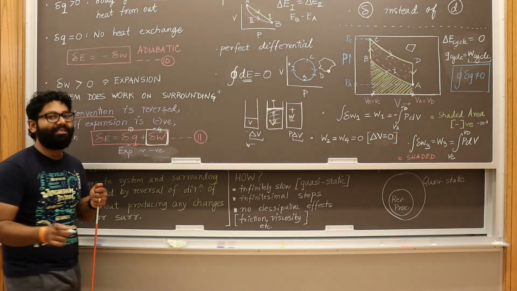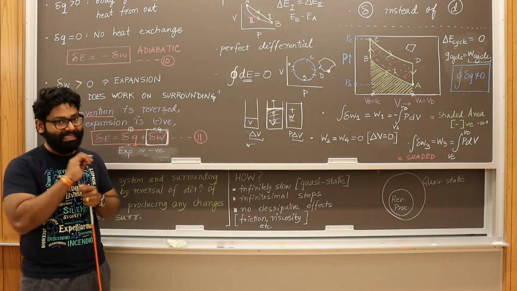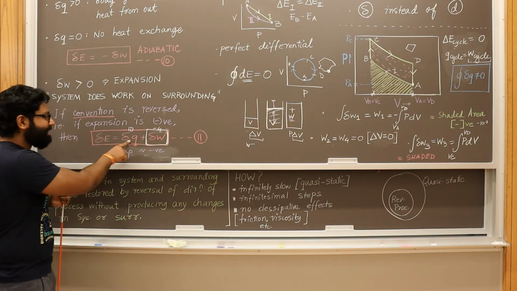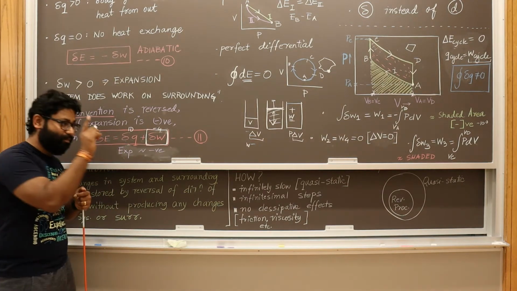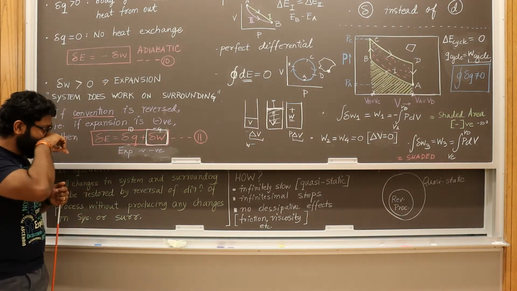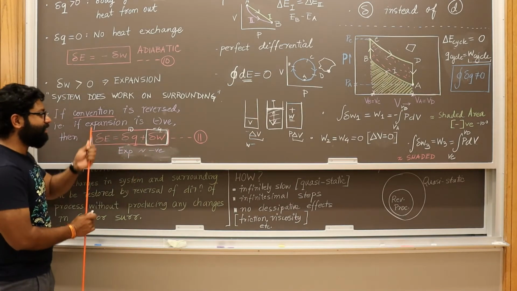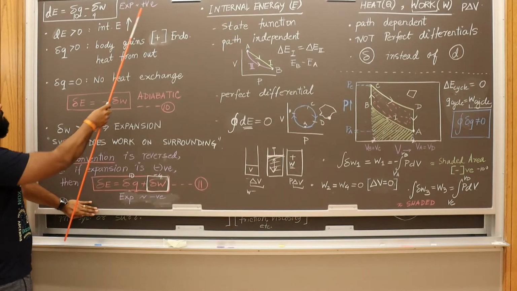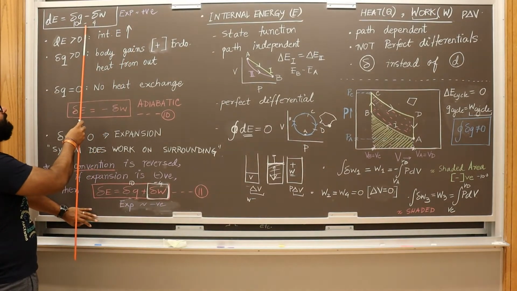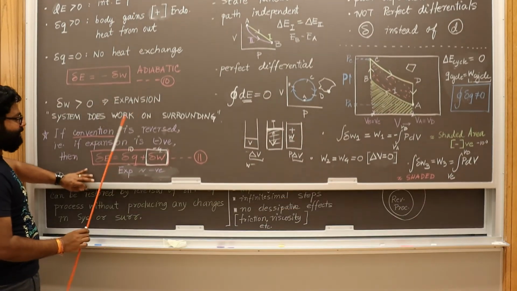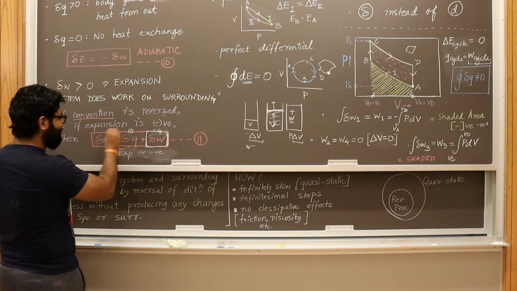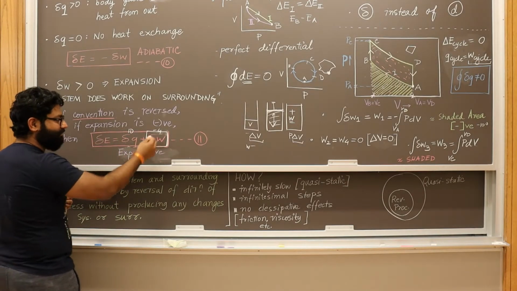That is the only difference between physics and chemistry, the sign conventions. The heat sign convention is the same for both. But generally, expansion is considered positive in physics, and that's why you have this law. And if you consider expansion as negative, you will have this law.